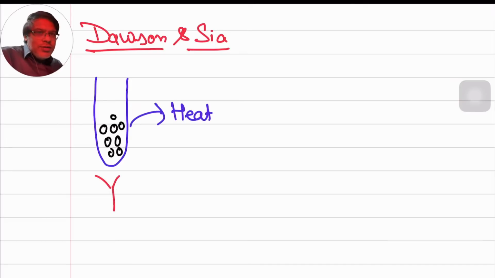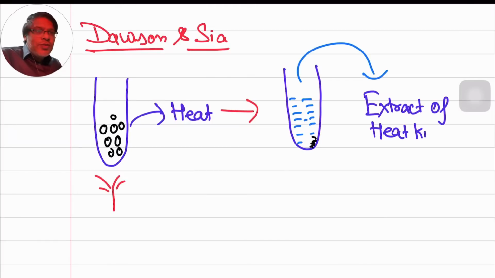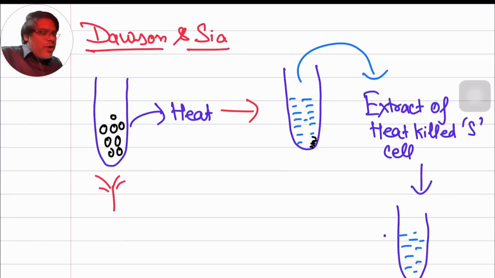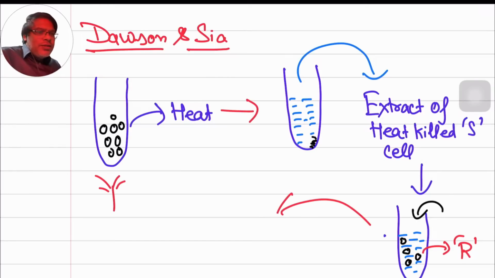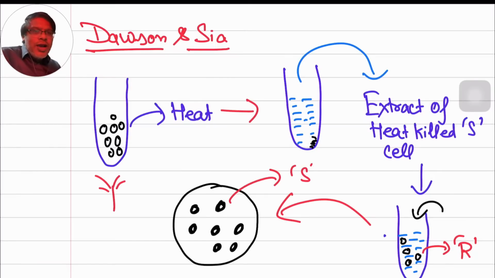Now what they did, they took the S bacteria and they heated them. Now they collected the supernatant, the extract of heat killed S bacteria, removing the bacterial debris. Now to this extract they added the R bacteria. They plated this mixture on an LB agar plate, and they were surprised to see that some of the R bacteria got transformed into S bacteria.